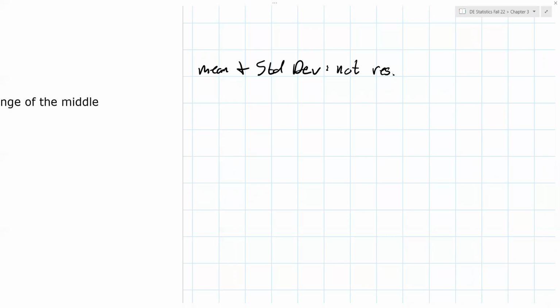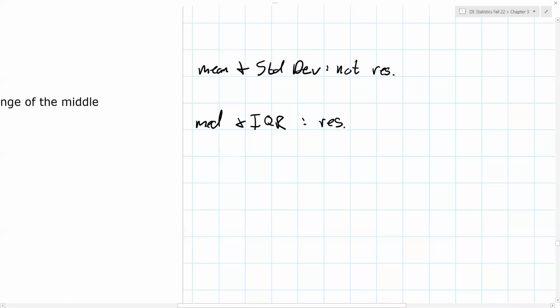If you have nice, neat, normal data, the mean and the standard deviation work great. However, if you do not have nice, neat, normal data, if you have outliers, if your data is skewed, you would most likely use your median for the center and the IQR for the spread, because both of those measures are resistant.